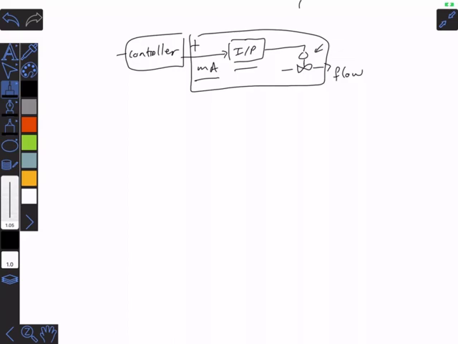So you can ask yourself, for a certain change in the set point in milliamps, what would be the equivalent pressure change? And you can ask what would be the equivalent flow change. Each one of those has numerically a different answer, if only because of all the unit conversions, right? So the numbers would be different.